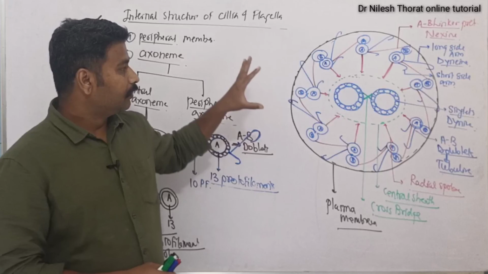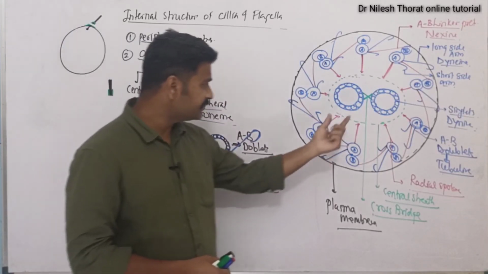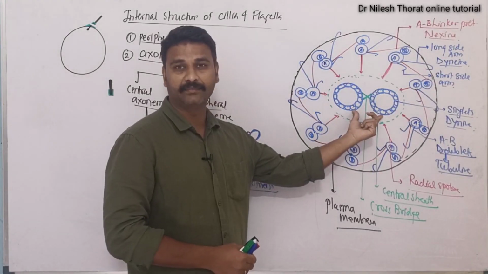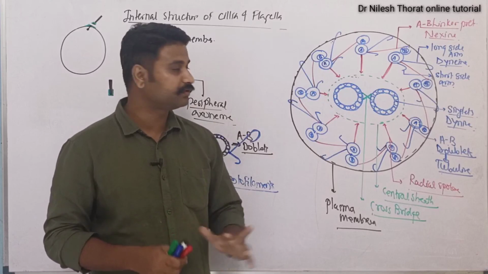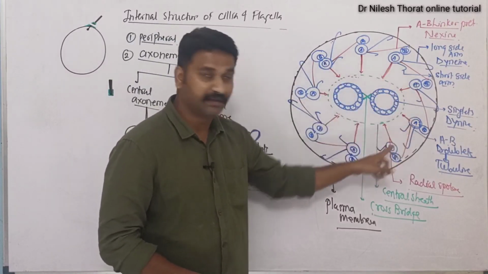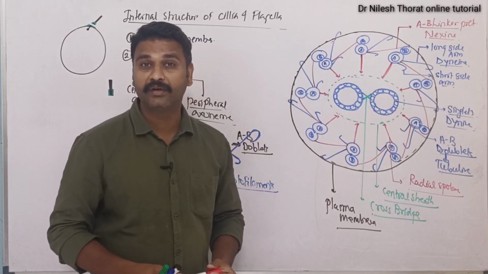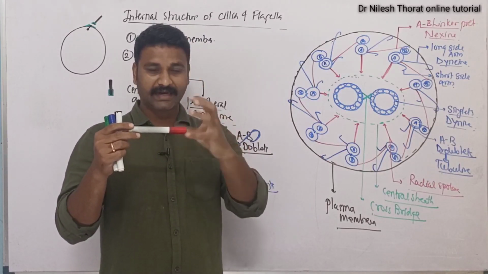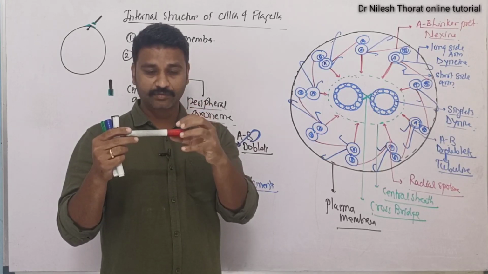Now if you want to discuss how this structure will work, see, this dynein is a contractile protein, and the central part of a contractile protein is responsible for the movement of the peripheral part. Whenever the dynein, a contractile protein, will contract, suppose this is a cartwheel type of structure and these are the doublets which are attached to this central part.